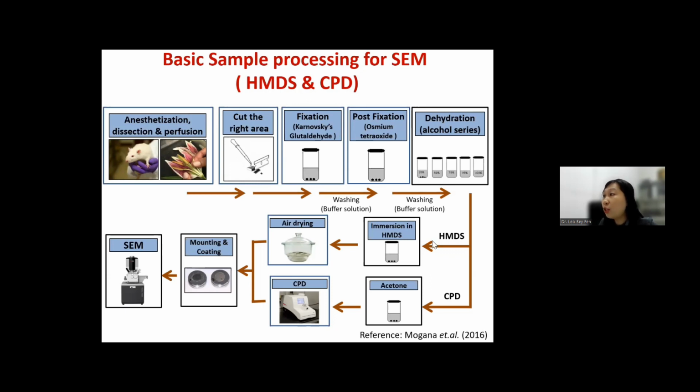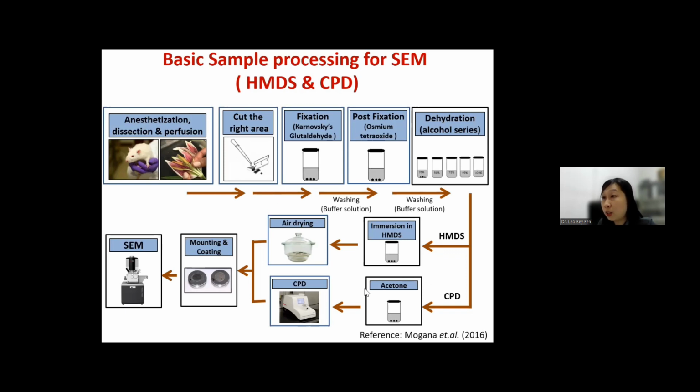Then we immerse the sample in HMDS, which I will discuss afterwards, and then follow with air drying. Another method is still using HMDS, which is a drying agent. We can also use a CPD, the critical point dry machine. We dip the sample into acetone and then put it into the CPD.